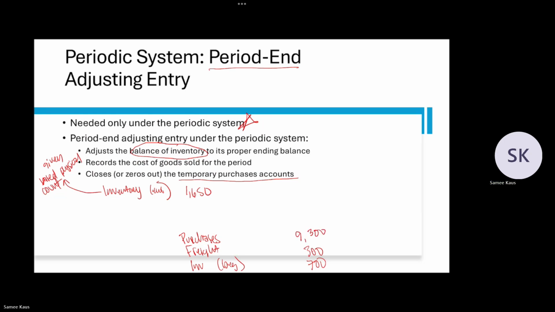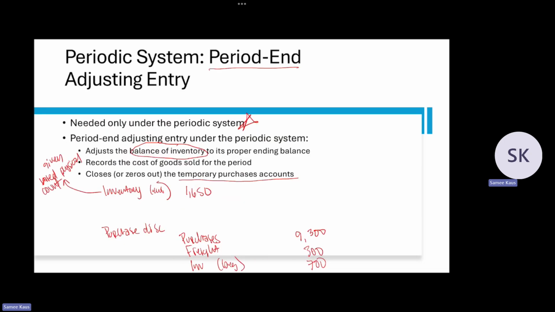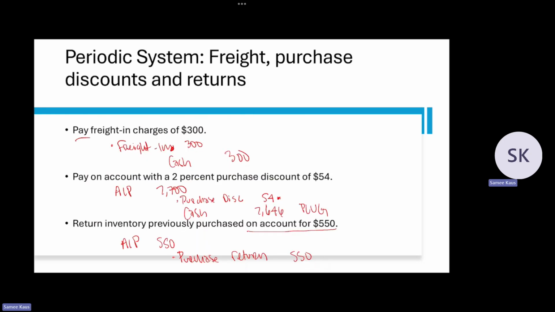9,300. What other purchase accounts do I have? Well, remember, I have my purchase discount that I need to get off my books, which was a normal credit balance. So I get it off my books and undo it with a debit for 54. Same thing with my purchase return here. I had that on my books as a credit balance of 550.